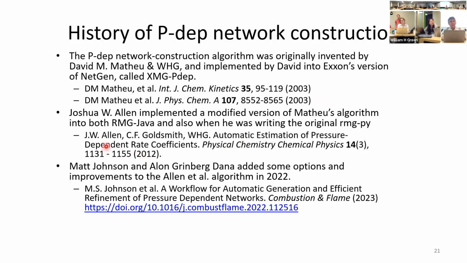Then Joshua Allen in 2011, 2012 implemented basically variations on David Matthews' algorithm, slightly improved, and actually implemented a bunch of other methods to compare them with, and wrote the software really nicely. And he did it in both RMG-Java and also in the new RMG-Py that he was developing at the same time. He was a quite good software developer.